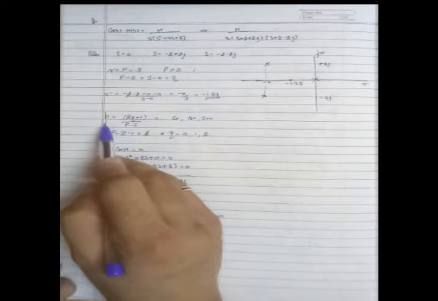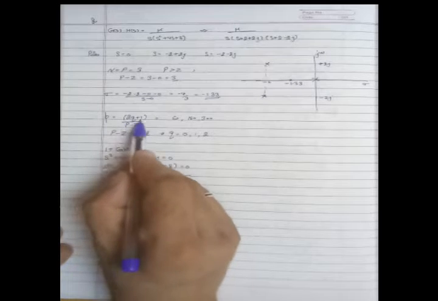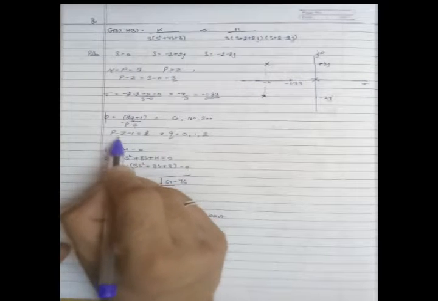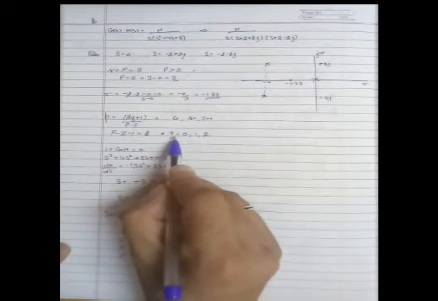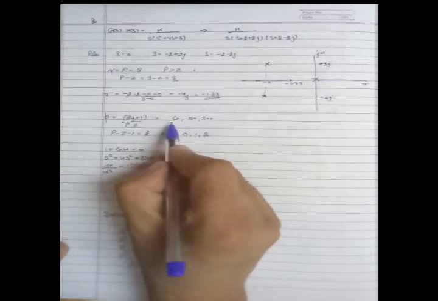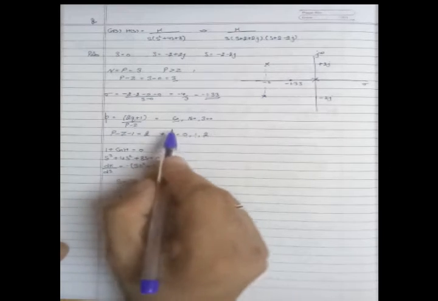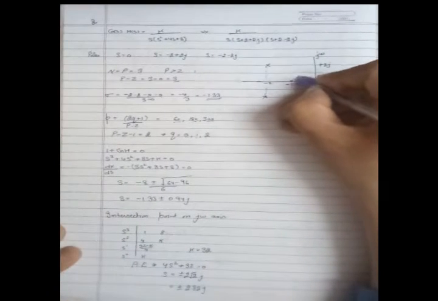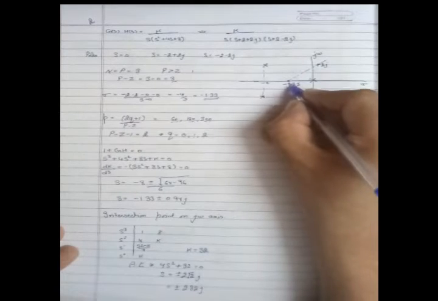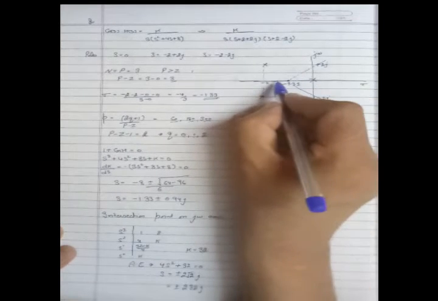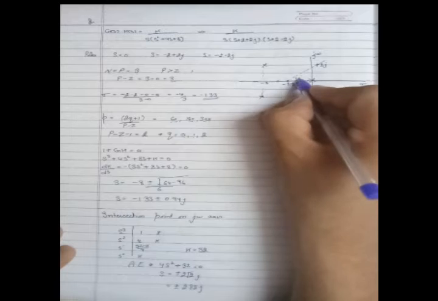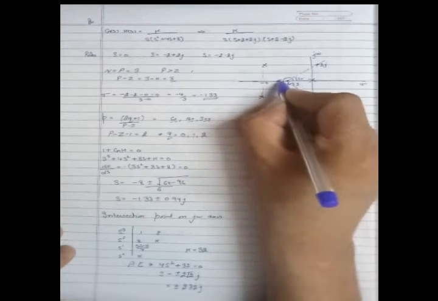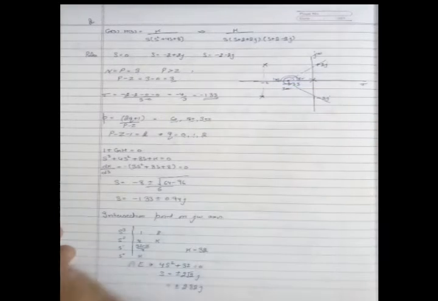Now I have to find the asymptotes, (2q plus 1) upon P minus Z, and in this case P minus Z minus 1 is equal to 2, so my q is 0, 1, 2, and using these q values I have to find these angles, and my angles are again 60, 300 and 180. 60, 300, and this is 180 degree.